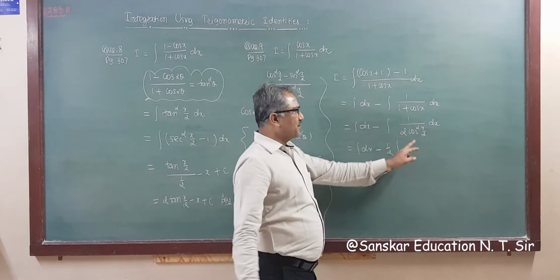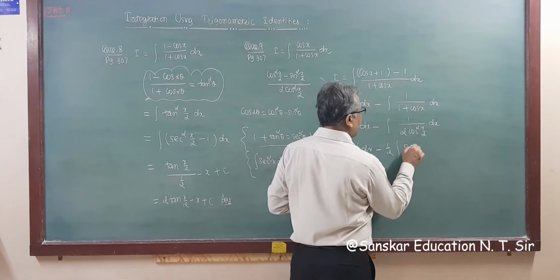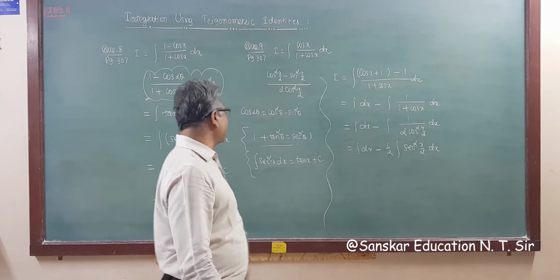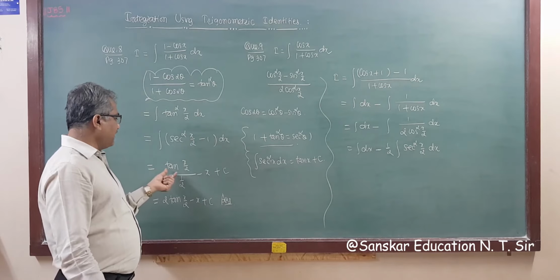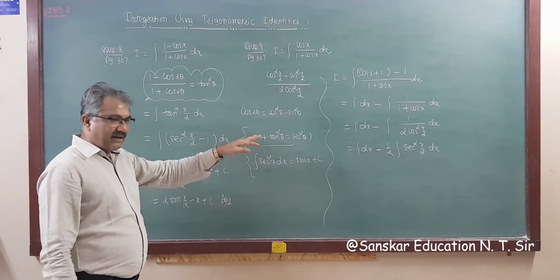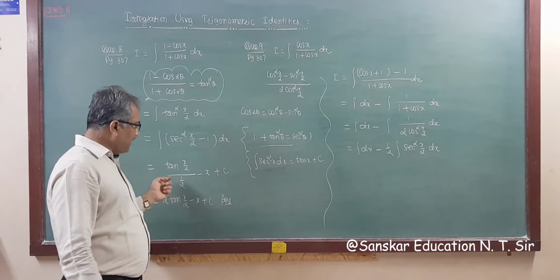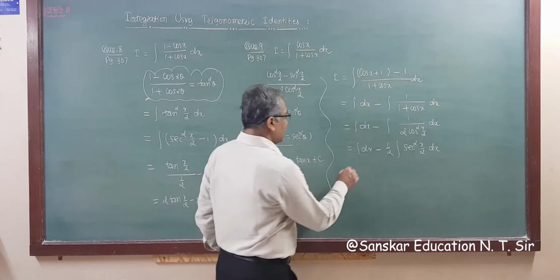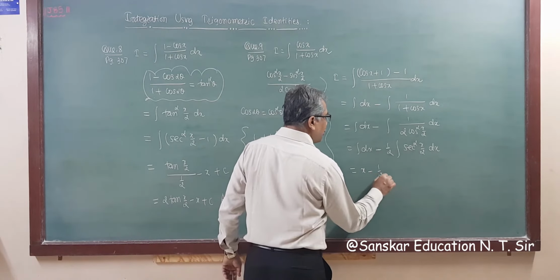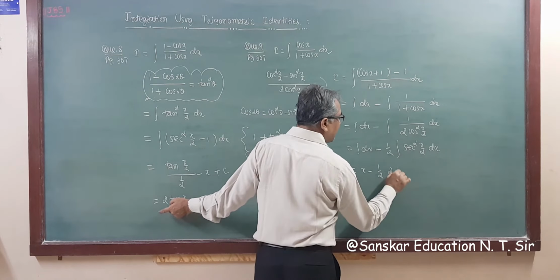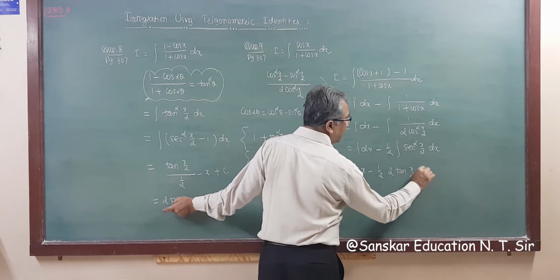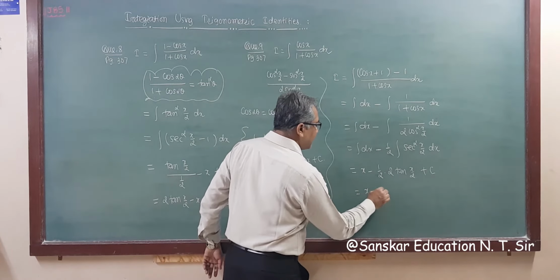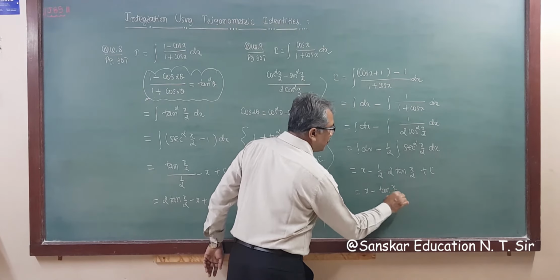Integration of 1 upon cos square is sec square x by 2 dx, and integrating this, we get tan x by 2 upon half, using the formula integration sec square is tan x plus c. So the answer will be x minus 1 upon 2 times 2 tan x by 2 plus c. These two will cancel, so the answer is x minus tan x by 2 plus c.